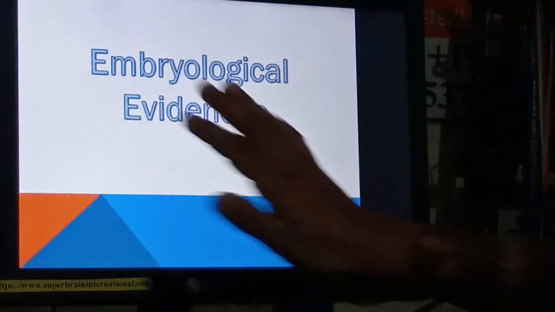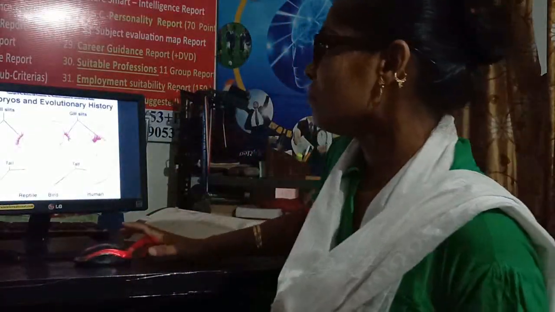Now next, embryological evidences. In embryological evidences, again we will see the embryos of different organisms and check the structure of different embryos. And this evidence again proves that there is one common ancestor for different forms of life. Let's take a look at this picture.